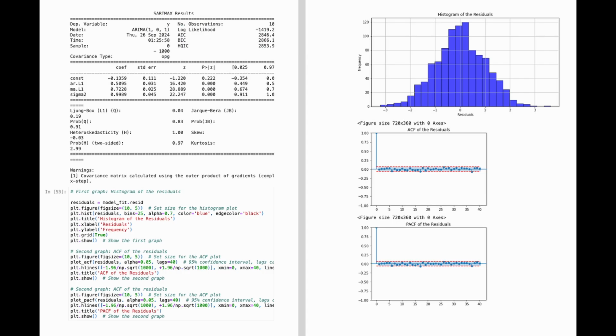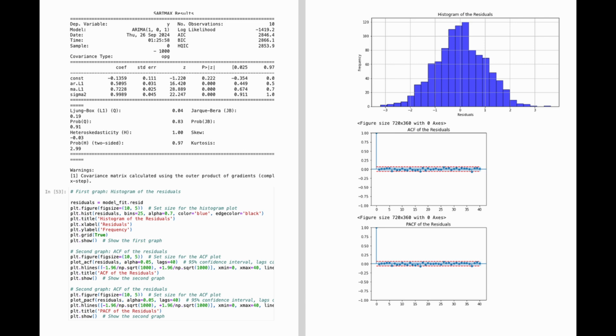Now, the last bit of our analysis. In the first graph, the histogram of the residuals roughly follows a normal distribution, which supports our assumption of Gaussian white noise and uncorrelated residuals with a normal distribution.